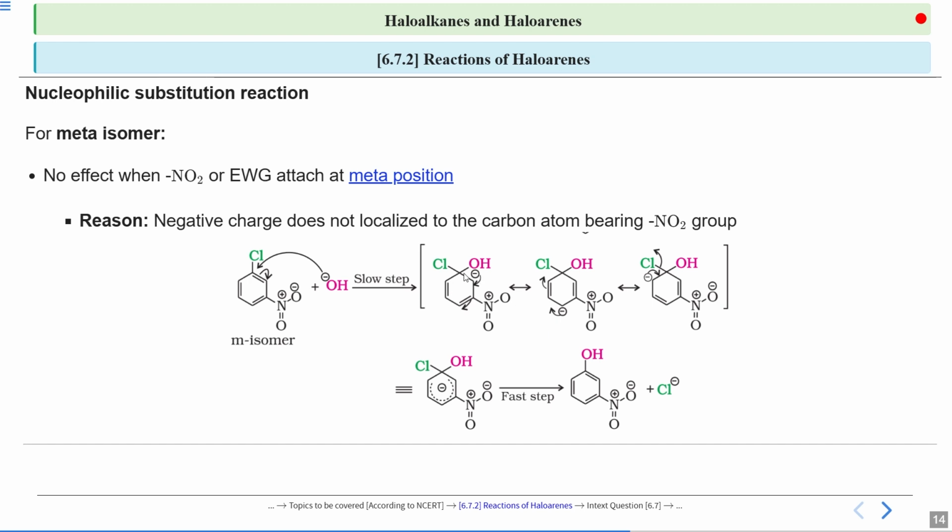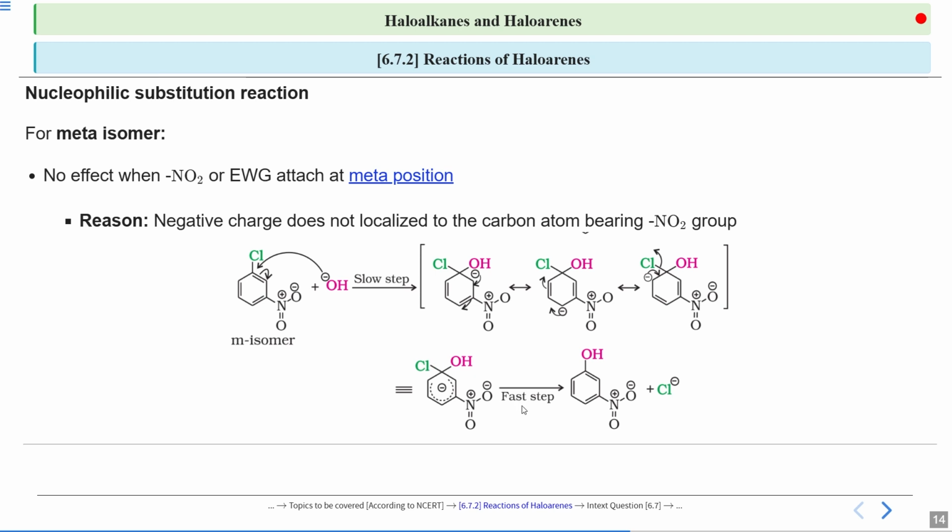The negative charge is not localizing to the meta carbon. So you will get this second structure where the negative charge is present at the para carbon. Now again this negative charge will delocalize and you will get your negative charge at the ortho carbon, and then all these three steps you can represent through this intermediate, which is equivalent to this structure, showing that the negative charge is delocalizing over the carbons of the benzene ring by resonance.